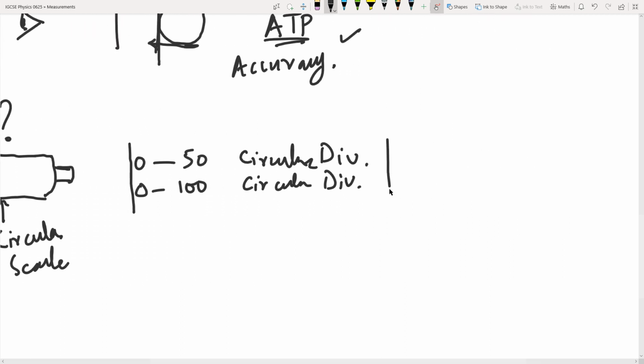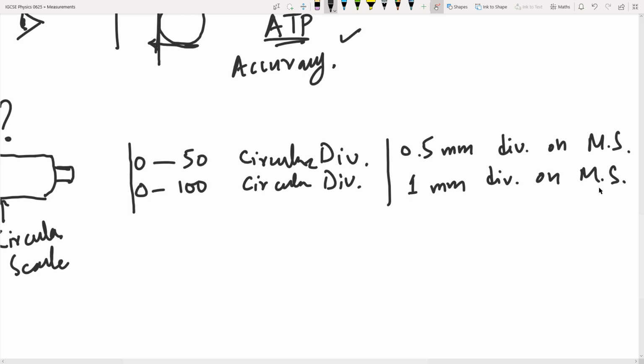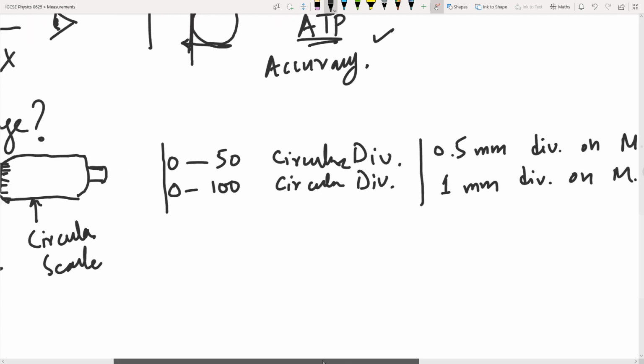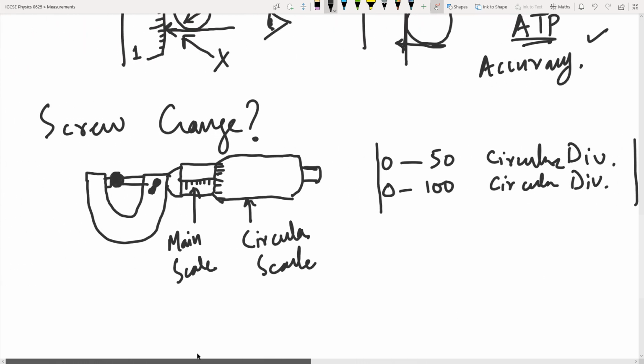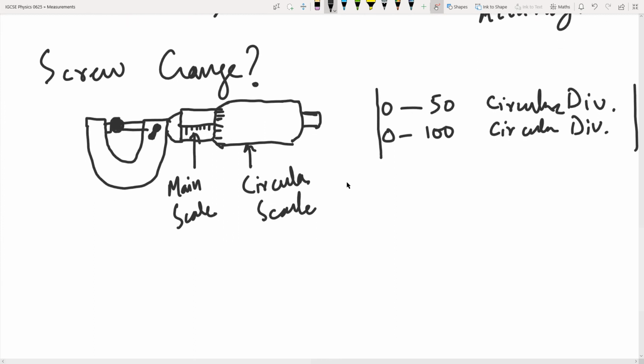For the 50-division one, the main scale will have 0.5 of a millimeter divisions. And for this one, we have 1 millimeter divisions on the main scale, right? So if you have either of these two, both of them are going to have the same least count.